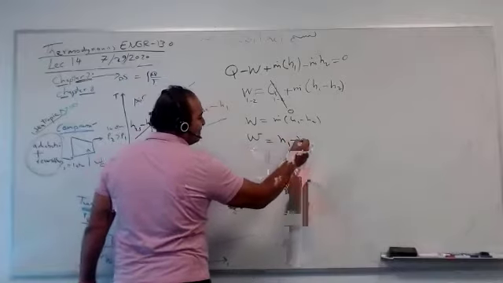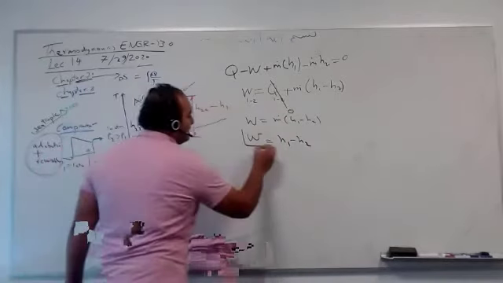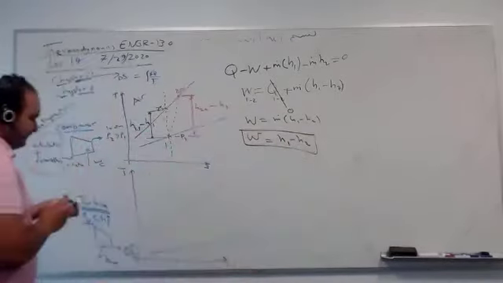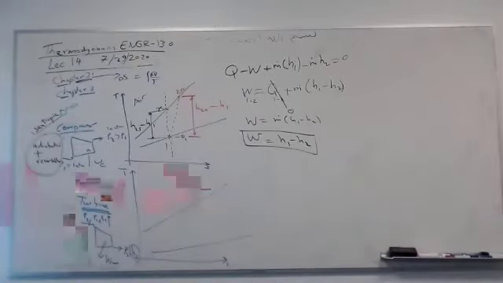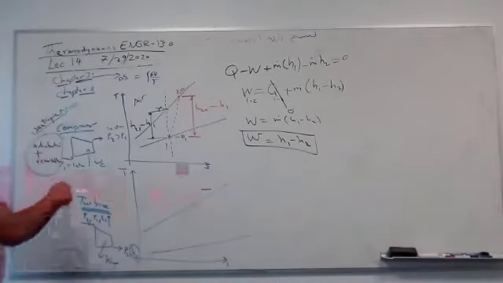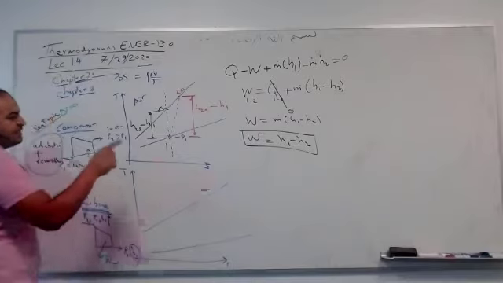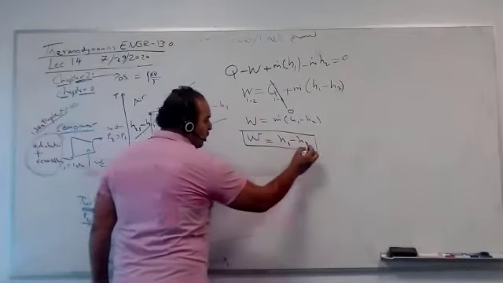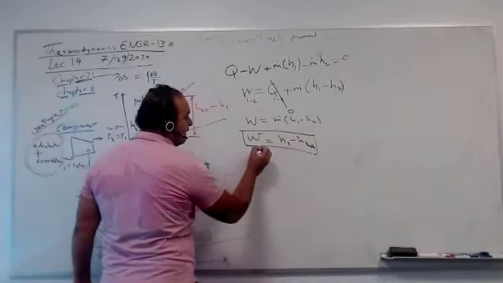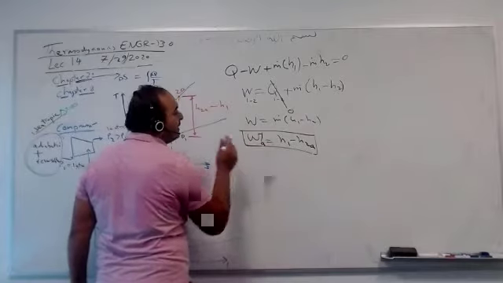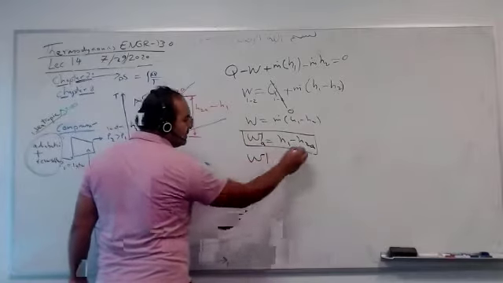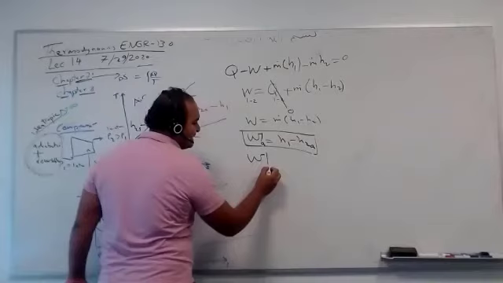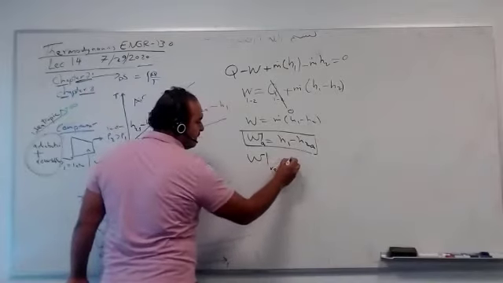I was about to say specific, but no, that's wrong. This is work per unit mass. It's negative, since H1 is smaller than H2. If H2 was 2A, this is the actual work I pay. If this H2 was 2S, this is reversible.